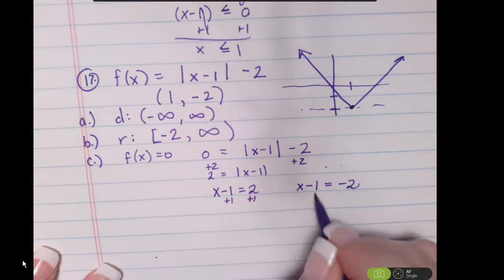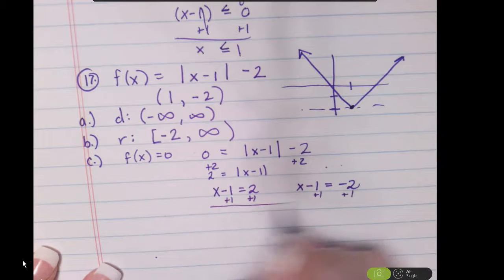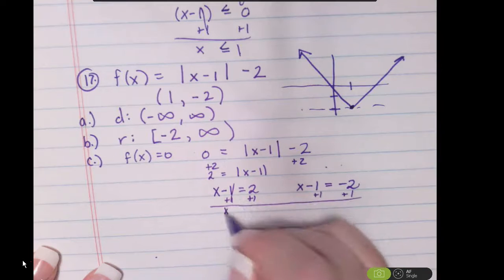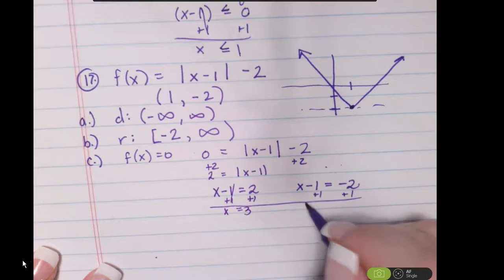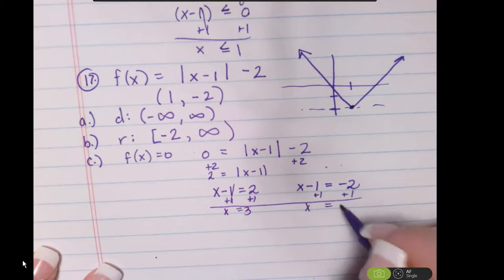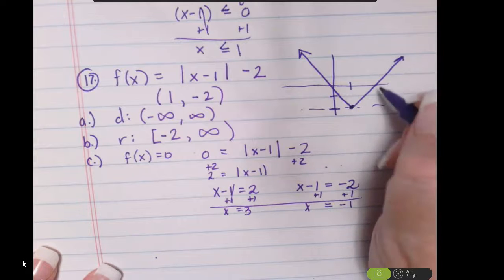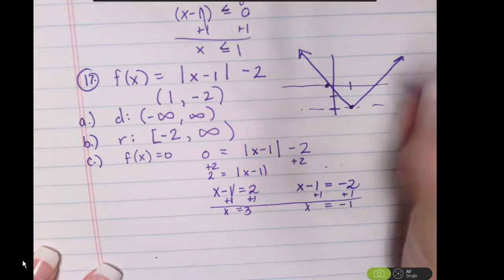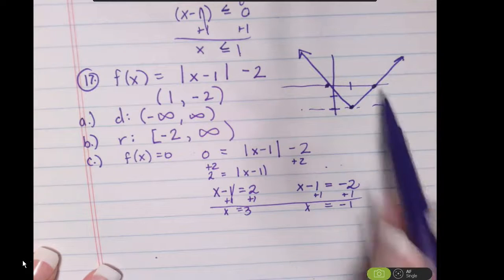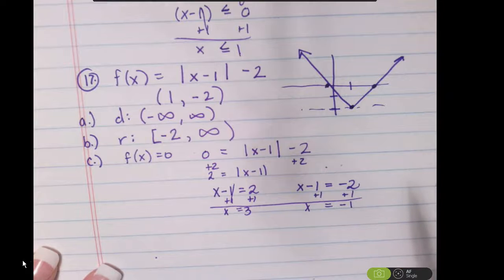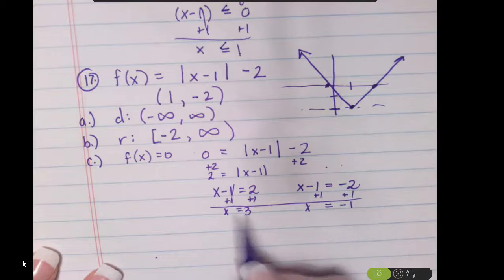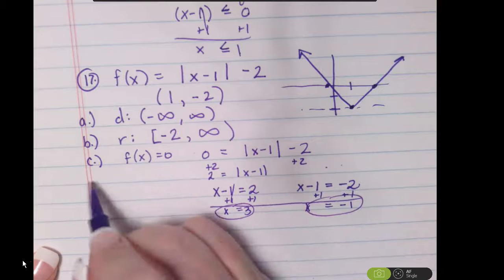So I can add 1, kind of simultaneously solve these. X equals 3 and x equals negative 2 plus 1 is negative 1. So that's going to tell me, over here at negative 1 and up here at 3 is where that thing is going to equal 0. So that's the answer to letter C.